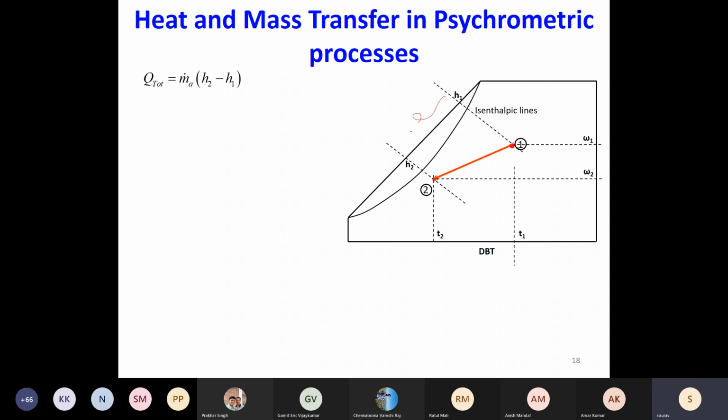That is, I know H1 minus H2. Then if I plot the H2 line, this is the entire isenthalpic line. The process could be this, the process could be this. So all these processes will denote the same enthalpy difference. So I cannot fix the process line if I just know the initial state point and the change in enthalpy.